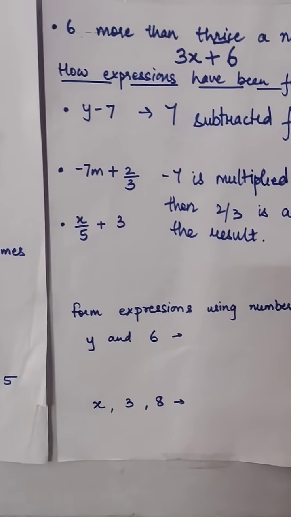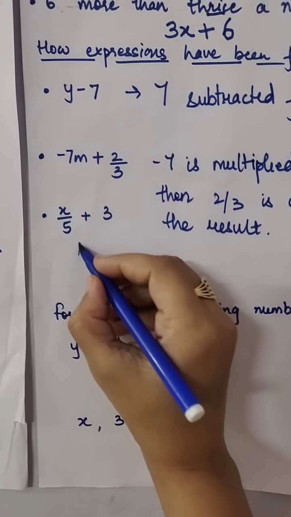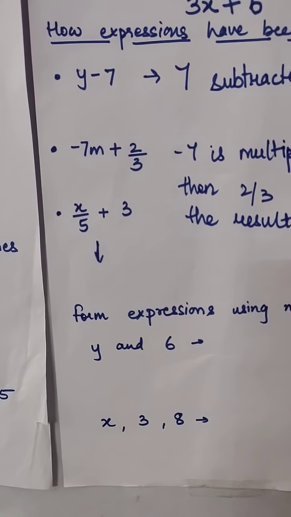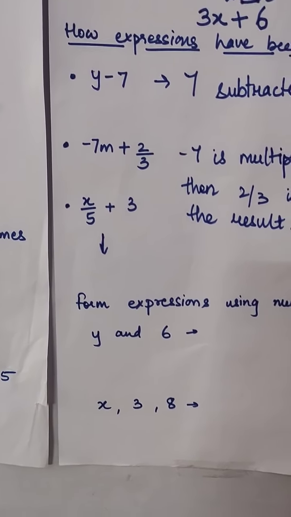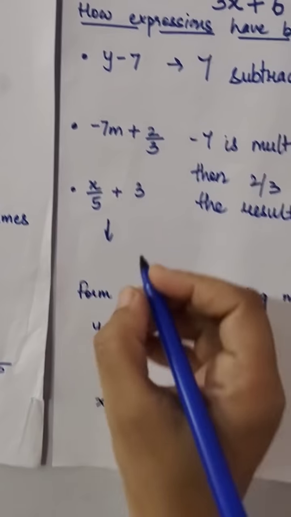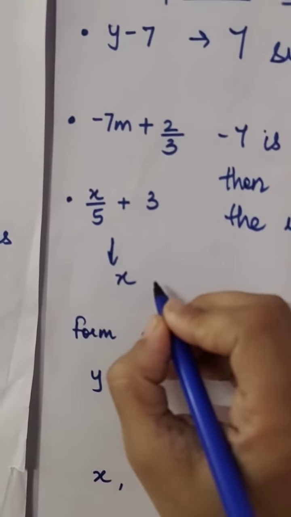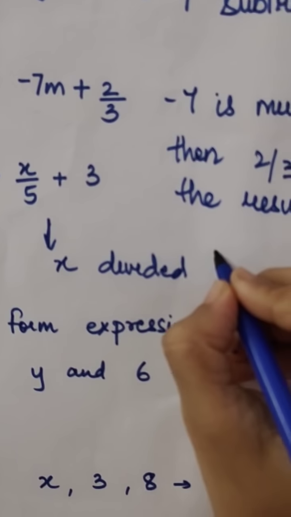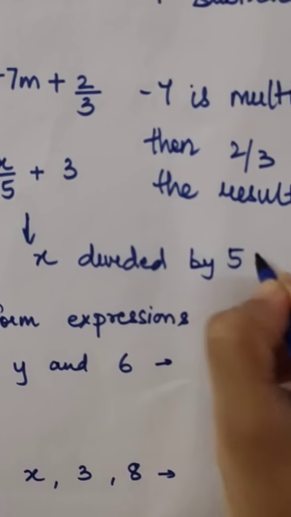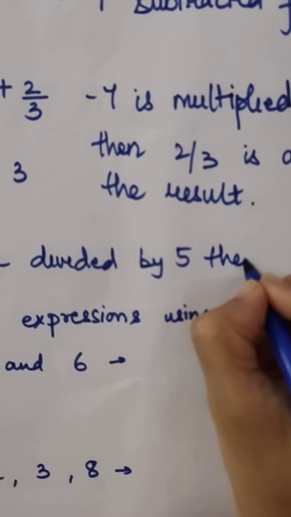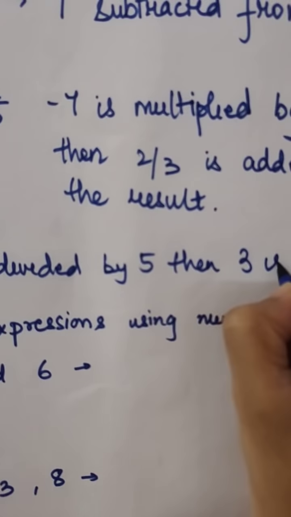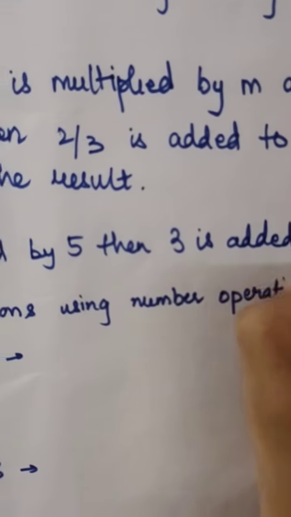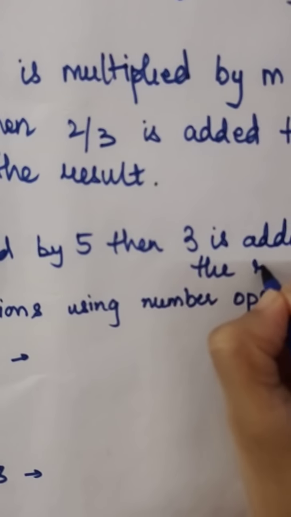Yes. Now let's take the last case. This says that x is divided by 5 and then 3 is added to it. Yes. So x divided by 5, then 3 is added to the result.